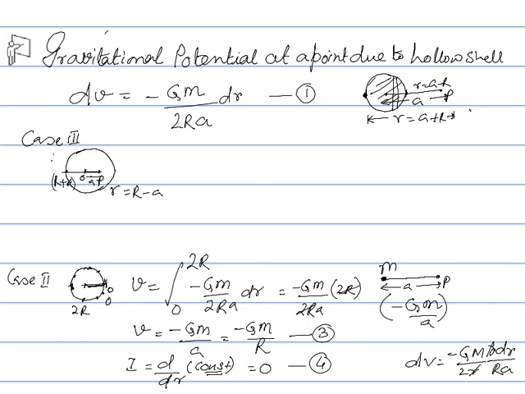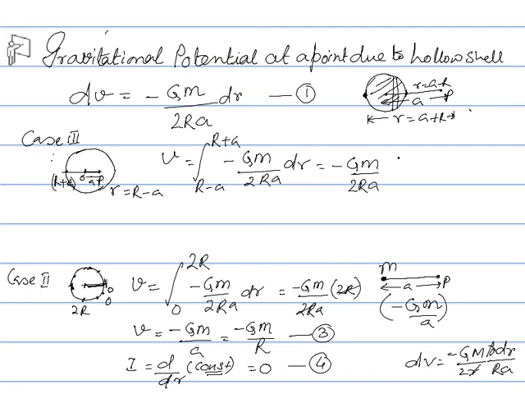So we can integrate this equation 1 from r minus a to r plus a of minus Gm by 2ra dr, that is equal to minus Gm by 2ra.